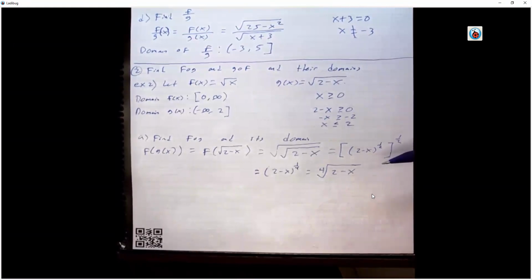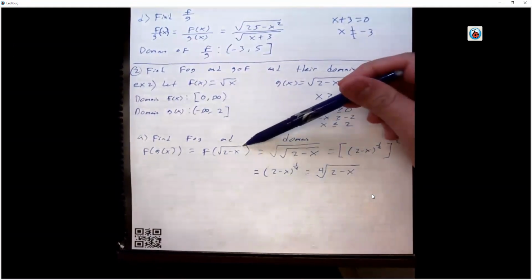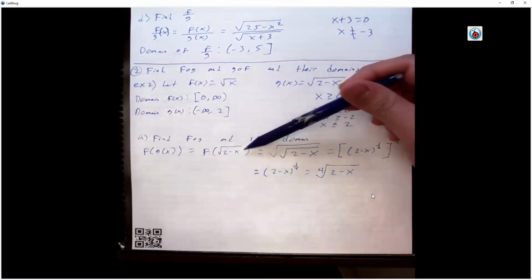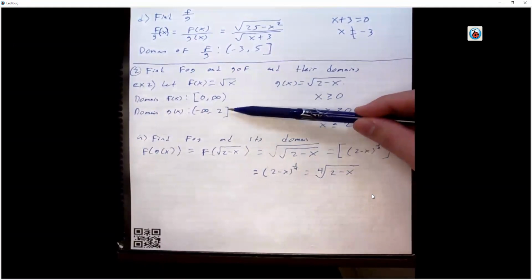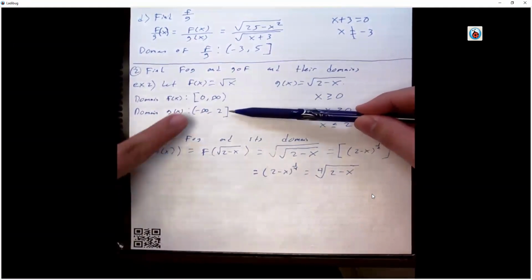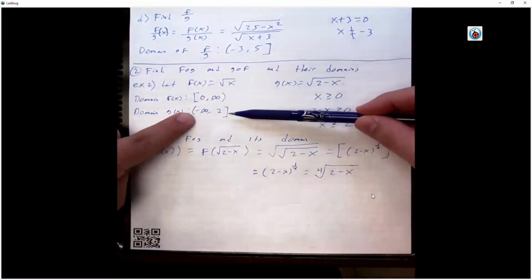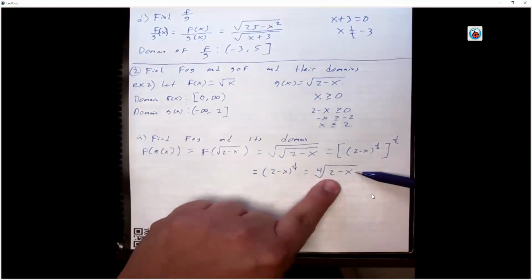So remember in the notes I told you to find the domain. That's the next step. We found the composite, that part's good. To find the domain, we look at the one that went inside. What is the restriction of this guy? What is the domain there? That's what we found first. Is this domain the same as the resulting one?